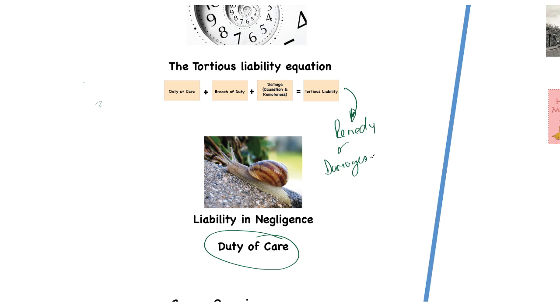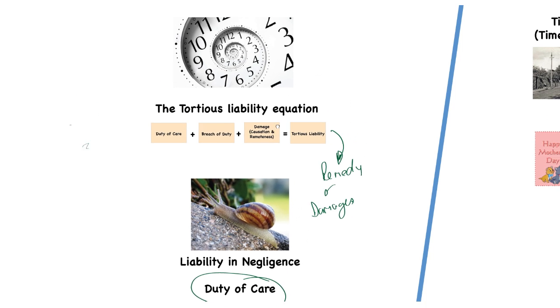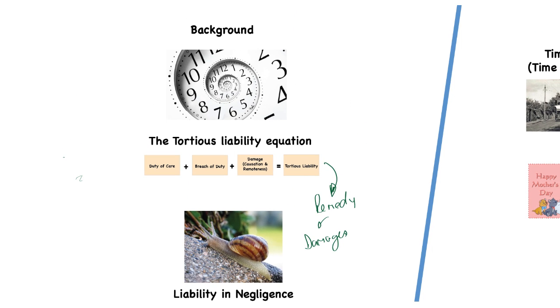Okay, so let's just start by looking at a little bit of background again. We've already told you that negligence is a tort. We covered that in our last video. And by that we mean it is a civil wrong.